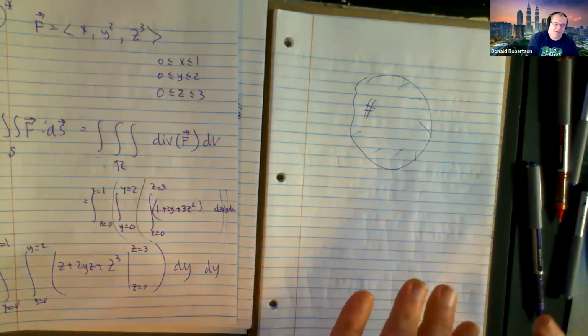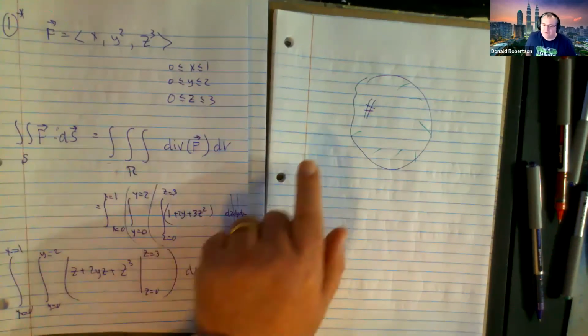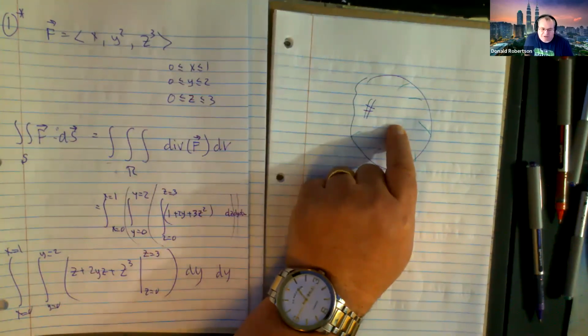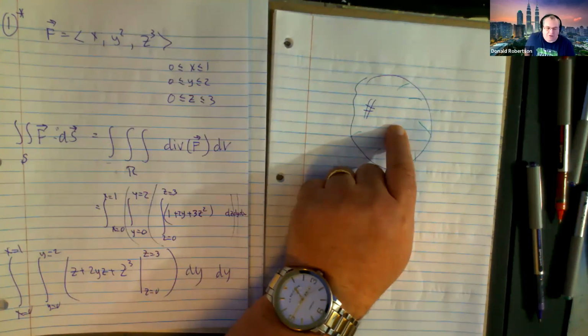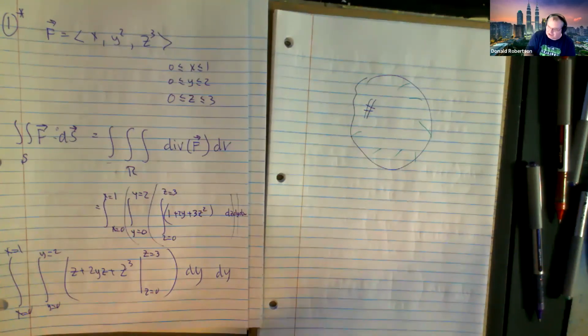So if you want to find the surface integral of a vector field, the flux, you can find the triple integral over the volume enclosed by the surface. So it has to be a closed surface, right? You can't have an empty shell. It's got to have an inside and an outside.